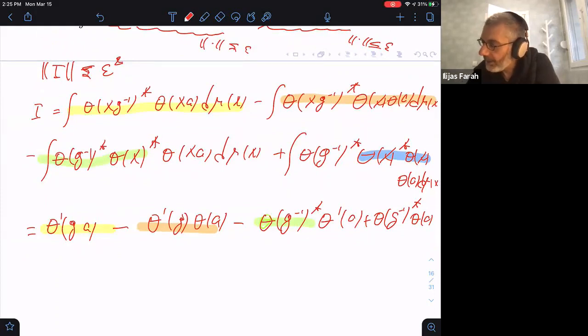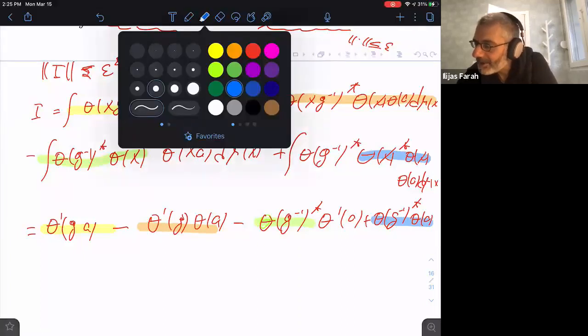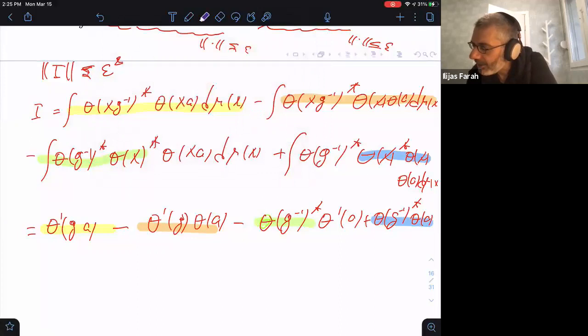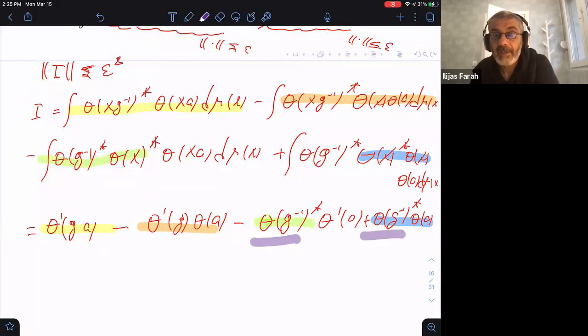Now, what do we have here? I forgot to highlight this one. As you can see, I'm enjoying playing with this highlighter. We have theta prime of a and theta of a, but that's not what I wanted to underline. What I wanted to underline is theta of g inverse star and theta of g inverse star. I can factorize that.